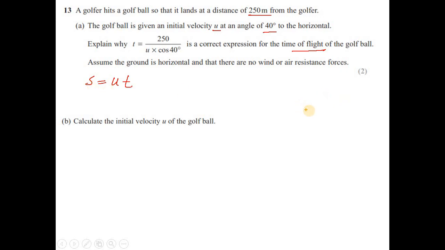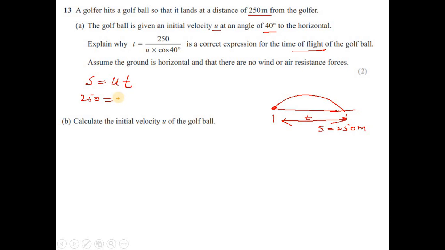If you see the diagram, this is the golfer hitting the ball and it is moving like a projectile. So this is the horizontal distance s and time taken t for this whole distance, and of course the total distance s is 250 meters. So I can substitute s as 250 is equal to u, the initial horizontal velocity.